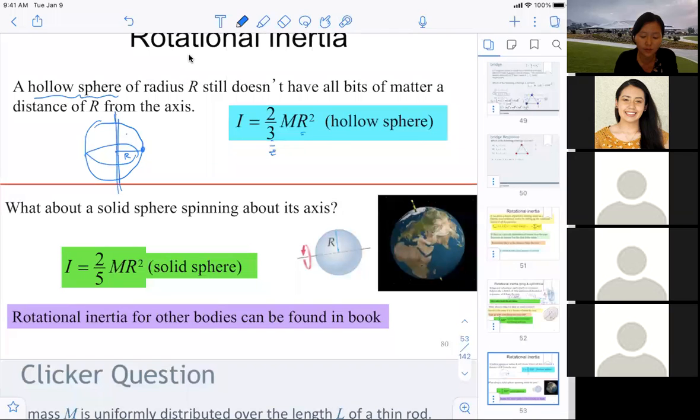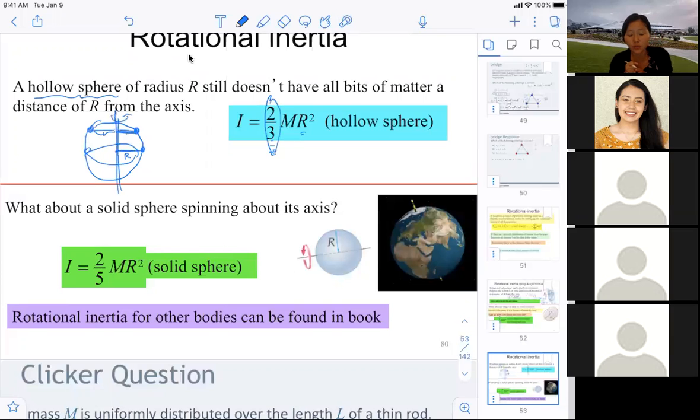Why is that? If this is my center of rotation and I'm rotating horizontally, the mass here has this little distance, and here is this distance. So not all the masses are at a distance r away. Some of it is shorter. So it makes sense for this to be smaller than the ring.